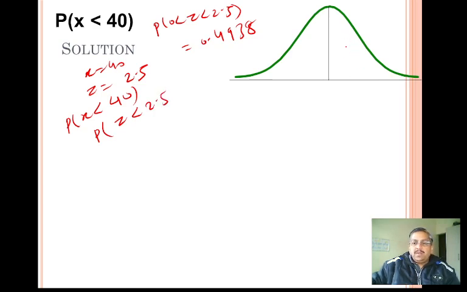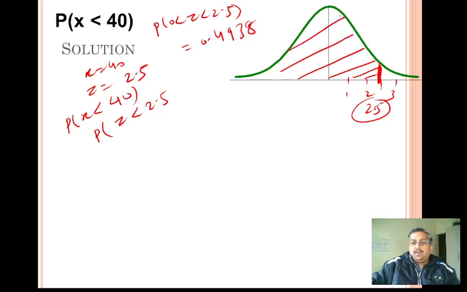So let's try to understand. Somewhere here we will have 1, somewhere here 2, somewhere here 3, and somewhere here 2.5. Let's say this is Z equals 2.5, and the area of interest is this part, right? Are you able to understand?